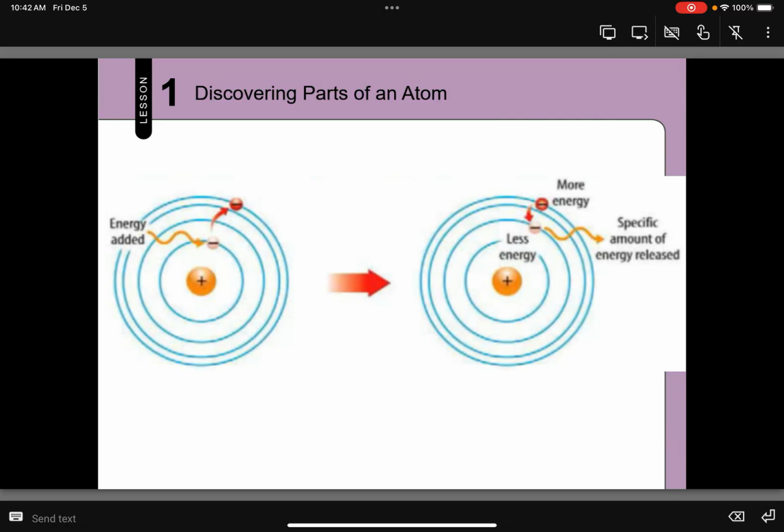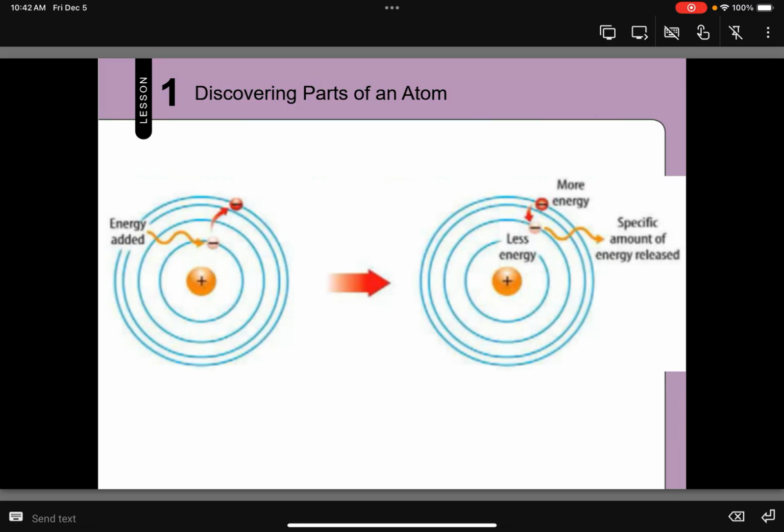So this is Bohr's model. Our positively charged nucleus has these orbitals around it, and we add energy into it. This electron absorbs that energy, but it has too much energy to be contained within this first energy level, so it has to move out to a different energy level.